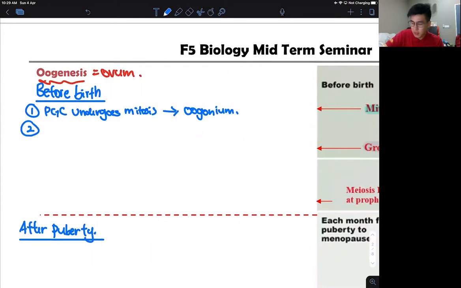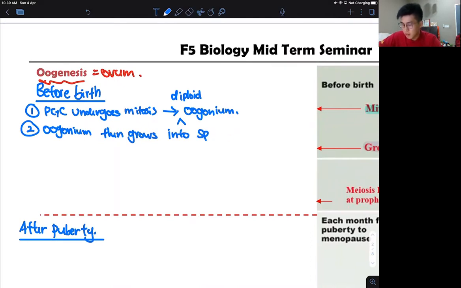Oh yeah, remember the word diploid. I haven't undergone meiosis, so I'm still diploid. So always try to remember to include the word diploid. So oogonium then grows into primary oocyte.